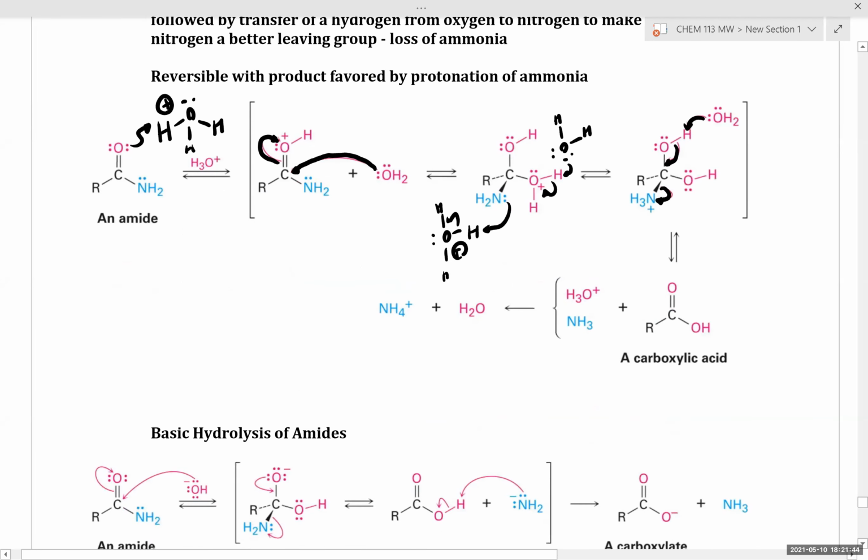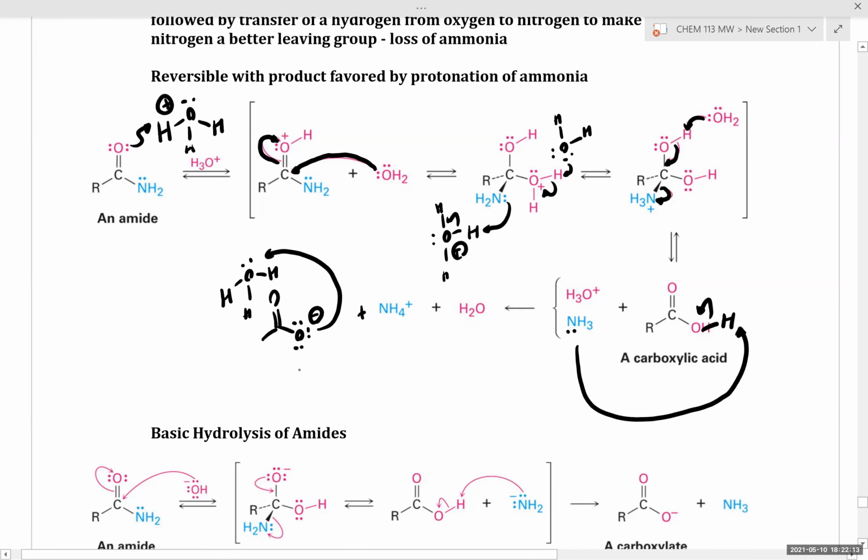Now, this is where things get really interesting. Once we have our carboxylic acid, ammonia can actually pull off a proton from our carboxylic acid to generate the ammonium ion and our carboxylate ion. This carboxylate ion is immediately protonated under acidic conditions, and that gives us our desired carboxylic acid.